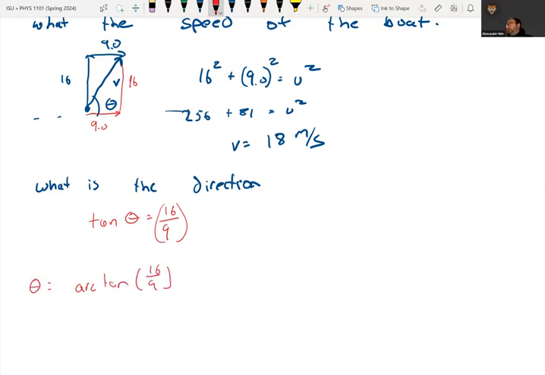So if you're looking for how to do this, it would be arctan, I'm just going to put it on the computer, of 16 over 9. And a lot of times it'll give it to you in degrees.